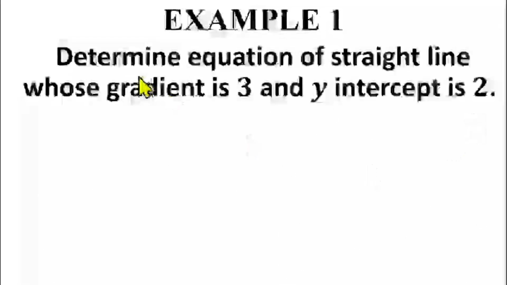Now the first question, example, says that we have to determine the equation of the straight line whose gradient is 3 and y-intercept is 2. Don't forget, in our previous topic, we found the gradient and y-intercept given the equation. Now, we are looking for the equation given the gradient and y-intercept.